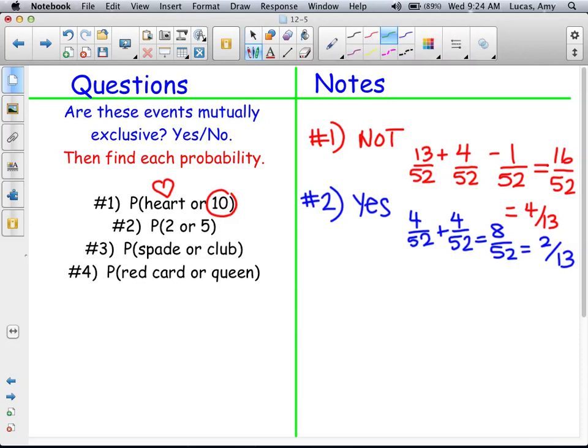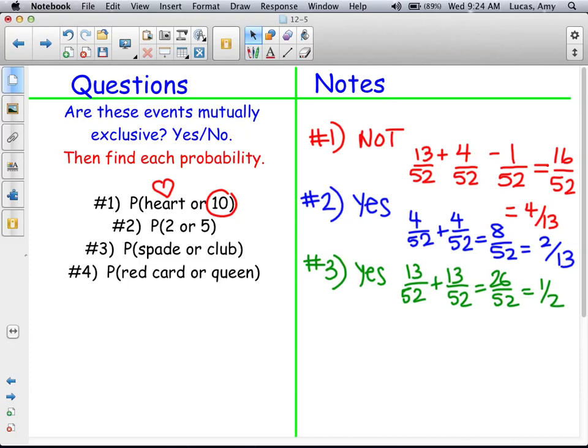Next one, spade or a club. Are they mutually exclusive? Yes. So spades, 13 out of 52. Clubs, 13 out of 52. So 26 out of 52, or half of the deck, would be spade or a club.